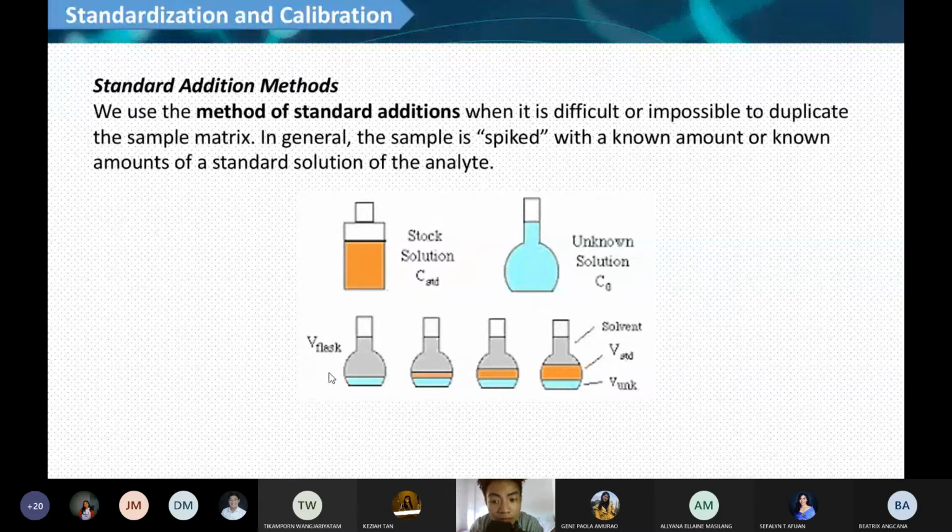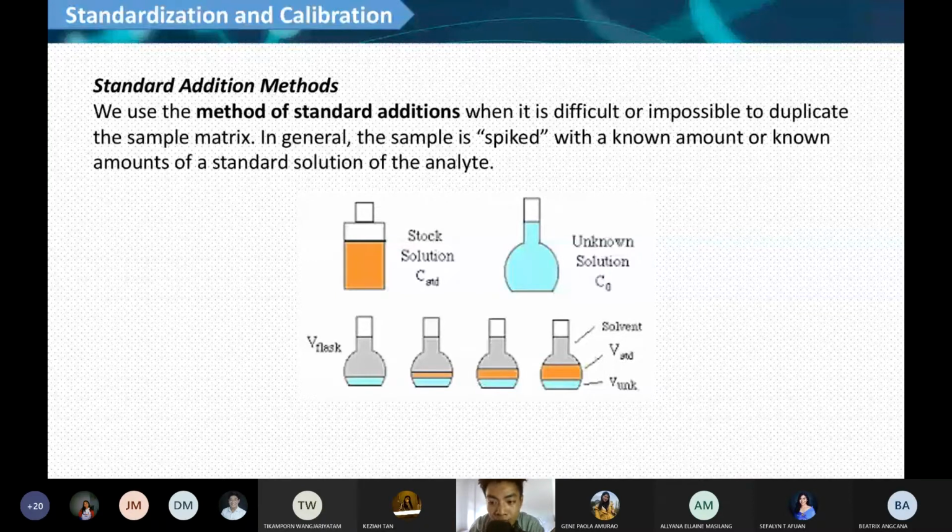Sometimes it may be required, but most of the time you will not need the calibration curve. What happens here is that you add your standard solution to your unknown solution. Depending on the ratio of the response of your sample, you will do ratio and proportion, just like the internal standard solution.